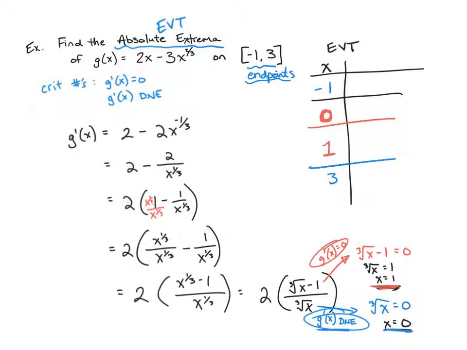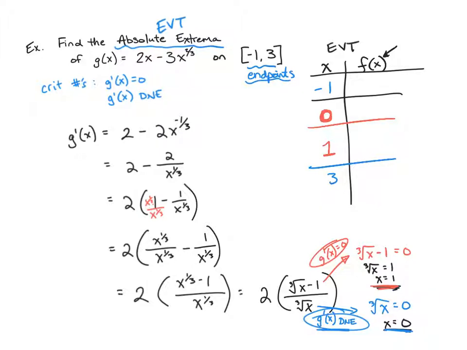So what I need to do now is decide which one of those is going to give me an absolute maximum and an absolute minimum. The way I'm going to do that is just to compare their values. Just old school, plug them in, see which one's the biggest, see which one's the smallest. A lot of times people ask, what do you plug them into? If we're just looking for the biggest or smallest value, you just plug them into the function and see which one's the biggest number and which one's the smallest.